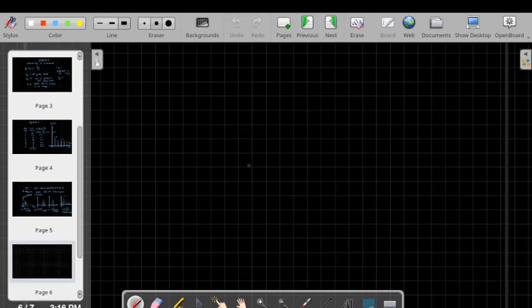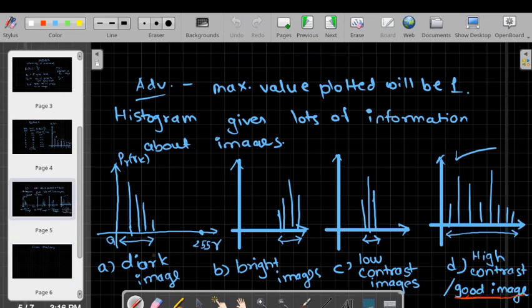Now in the first case today we'll see what we mean by linear stretching. As we have seen in this slide, the main aim is to convert dark, bright or low contrast images into the high contrast image.